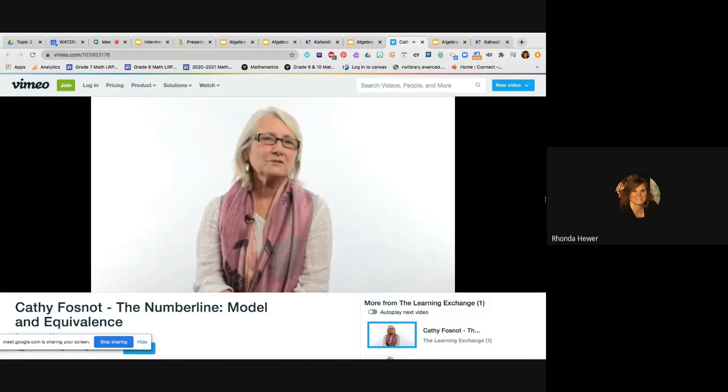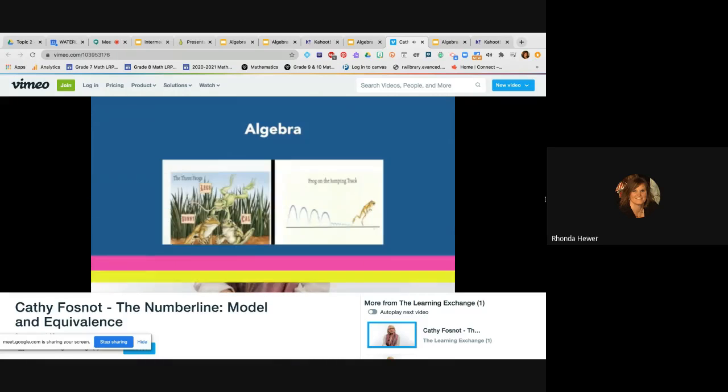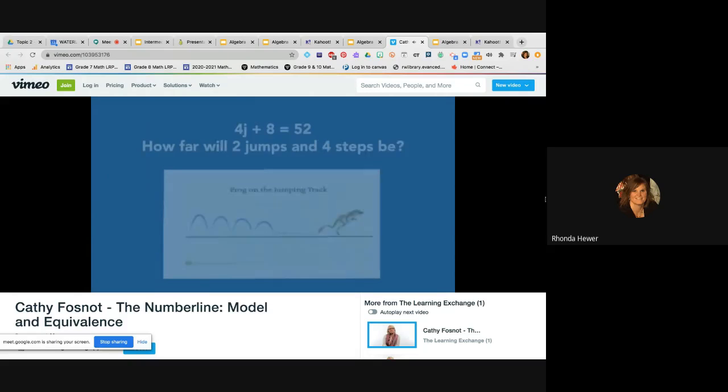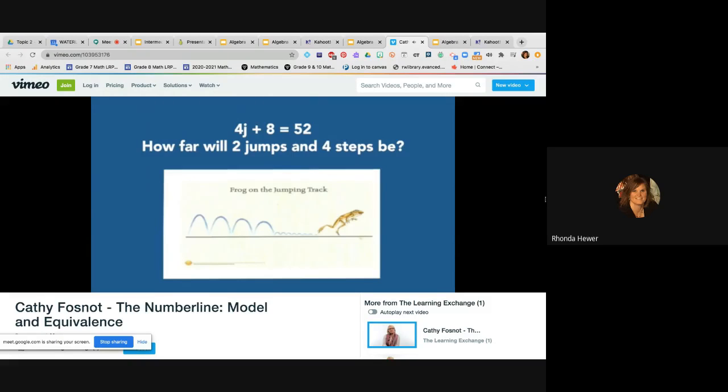They mark it and they measure it in a unit called the frog step. So here's a frog that has done 4 jumps. And we will agree, if we're the referee, we're going to agree to assume that all the jumps are actually the same distance apart, because that's what the referee does in the jumping contest. This frog has gone 4 jumps in 8 steps, and he's landed at 52. So 4j plus 8 equals 52. My question is, how far will 2 jumps in 4 steps be?